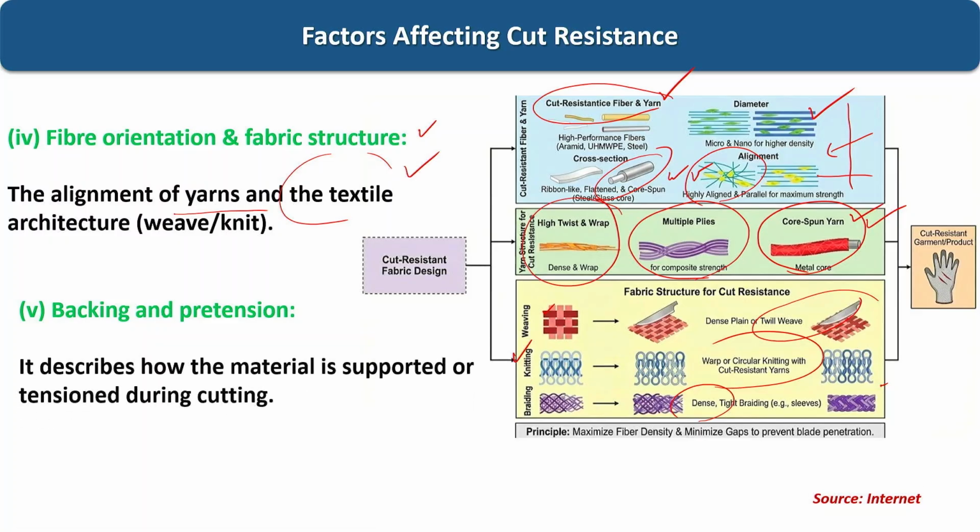If we use some backing material, that will give additional support. Pre-tension describes how the material is supported or tensioned during the cutting. If we have high tension, then the cutting may sometimes be easier than if the fabric is in lower tension. So, if we change the tension, then the cutting effect will be different.